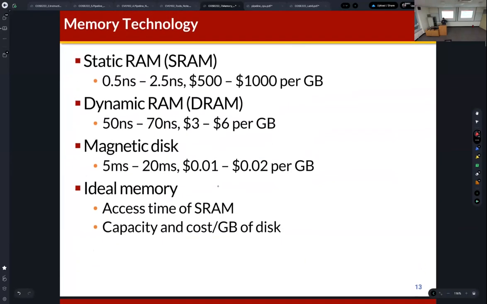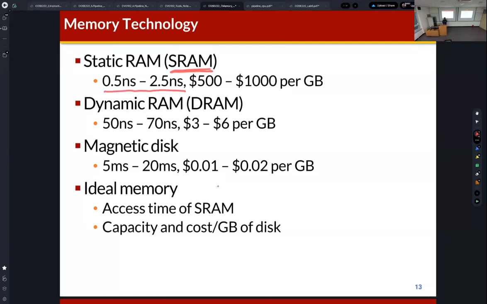We can use various types of memory devices. These are examples. We can use static RAM, called SRAM. This is the most expensive memory, which means it's the fastest memory. This is the typical latency of SRAM devices.